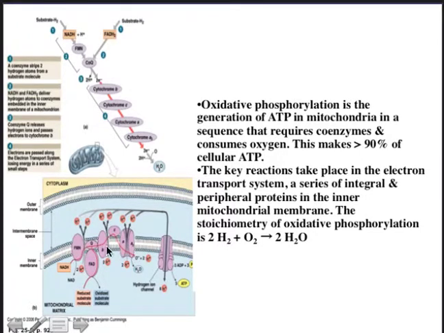Because we can continuously reduce oxygen to water, okay, and maintain a state in which the carriers in this chain remain oxidized. As long as the carriers in this chain remain oxidized, they can accept reduced compounds and oxidize them.